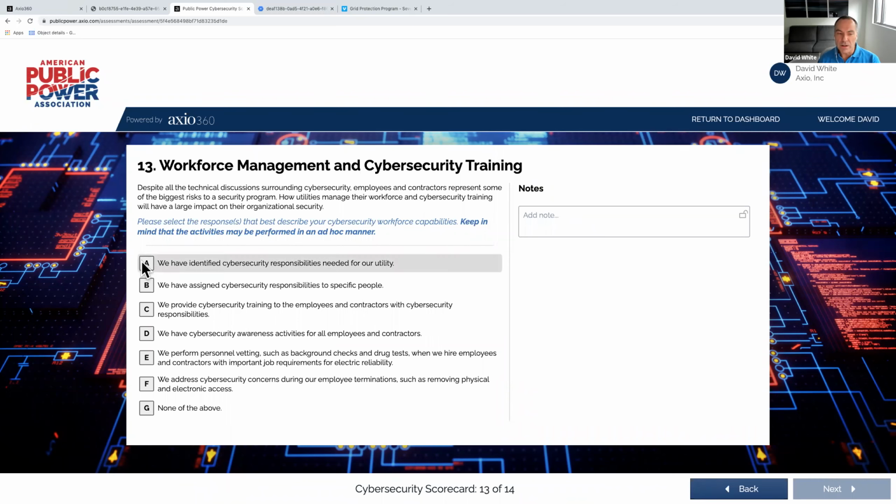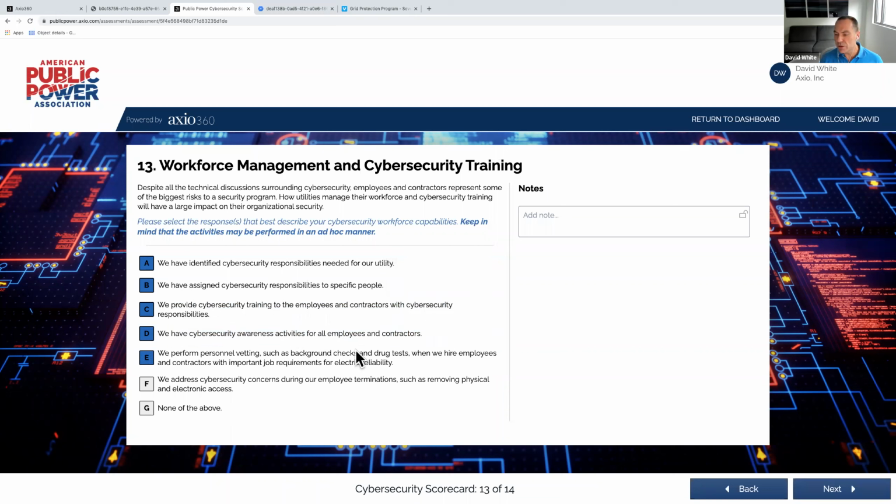It starts with identifying responsibilities, assigning those responsibilities to people, providing training to employees and to contractors, cybersecurity awareness activities like anti-phishing training, for example.